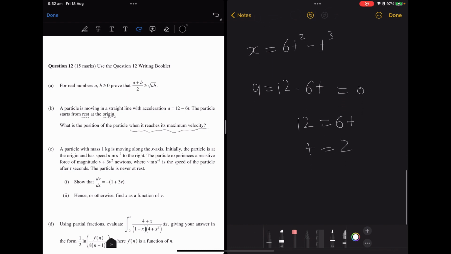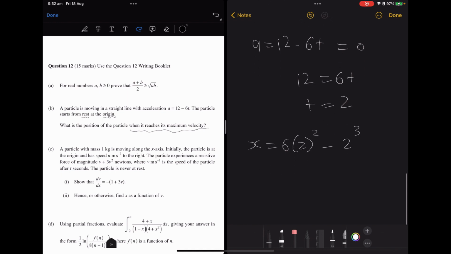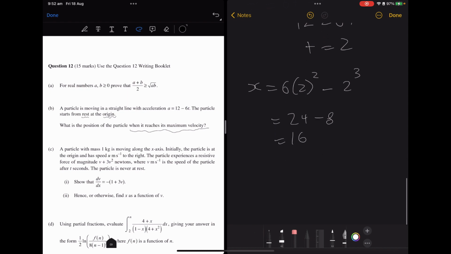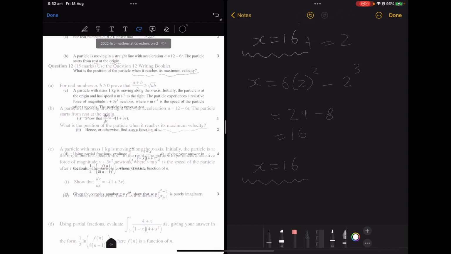So when t equals 2 seconds, the particle reaches its maximum velocity. Hence, x equals 6 times 2 squared minus 2 cubed. That's 6 times 4, which is 24, minus 8, which is 16. So the particle has a position of x equals 16 at maximum velocity. And that will be part B.